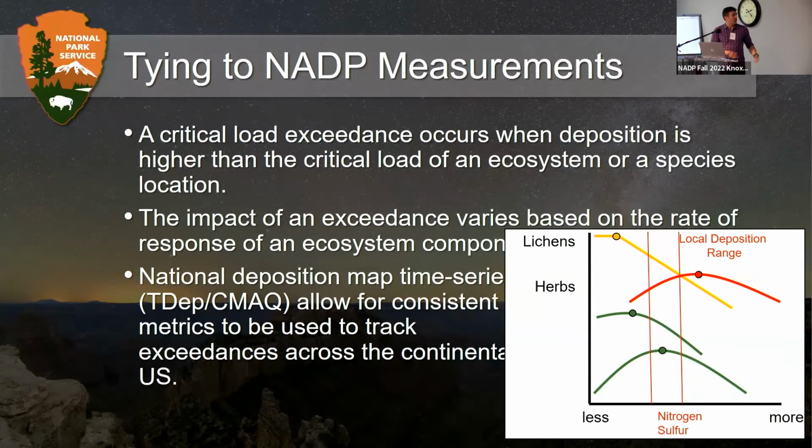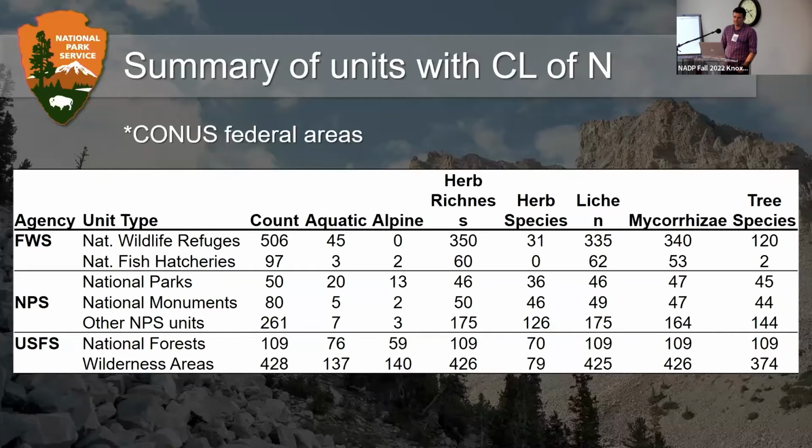All of these different components have different rates of response and thresholds, so we're using NADP data to assess what we're expecting to see happen. We took all of that data, used these standardized methods, and applied it to the main federal land areas for the Fish and Wildlife Service, the National Park Service, and the Forest Service.